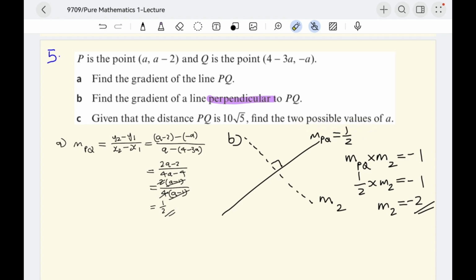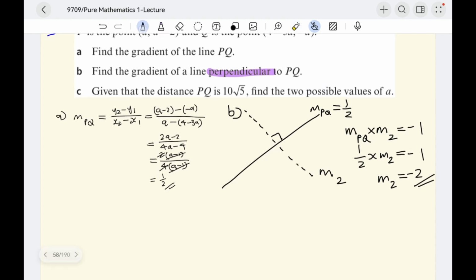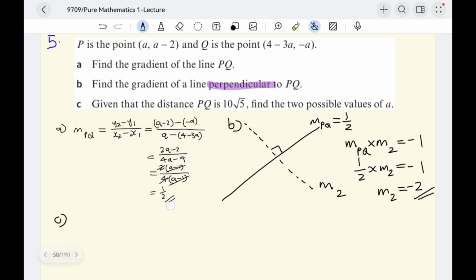So why does the question mention two possible values of A? Because the distance formula involves the quadratic equation after you square both sides. Okay, so let's carry out the workings without the nonsense.